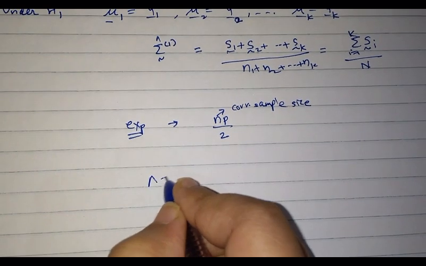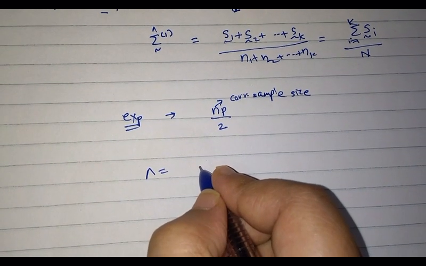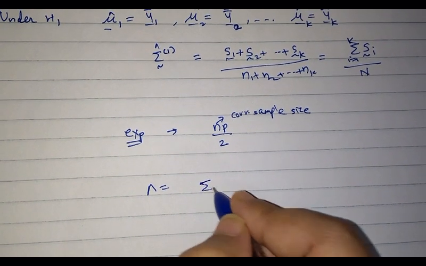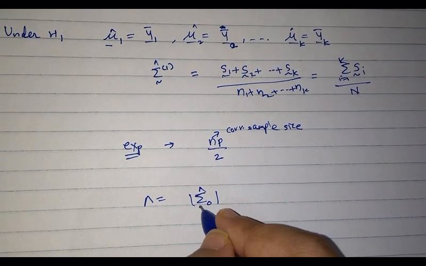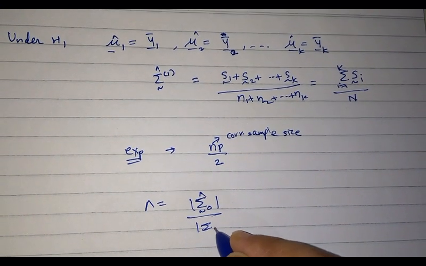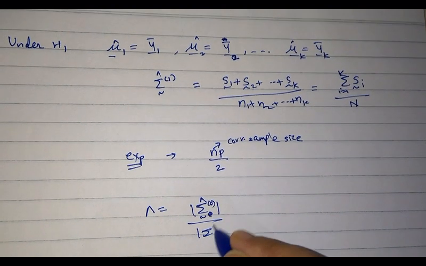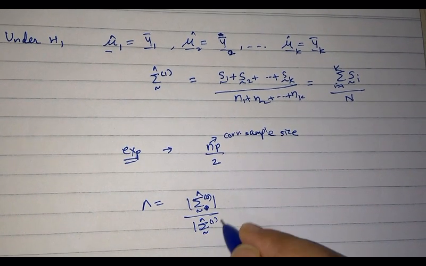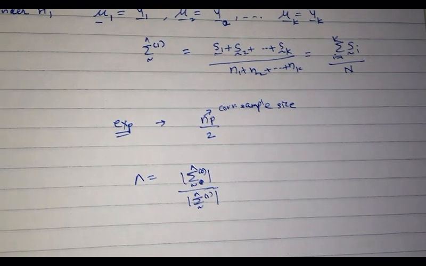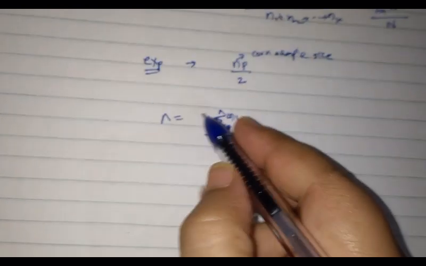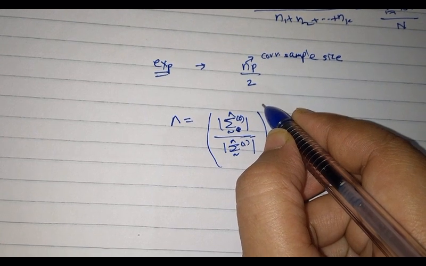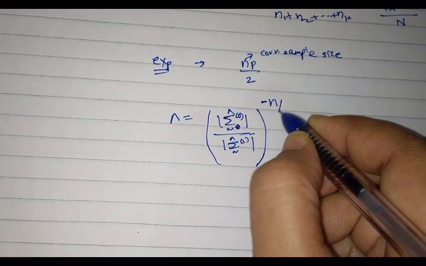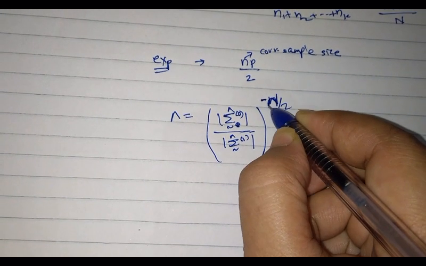So my likelihood ratio test statistic becomes the determinant of sigma under H naught, so sigma naught hat, and the determinant of sigma under H1, sigma 1 hat, this whole thing raised to minus N by 2, capital N of course.